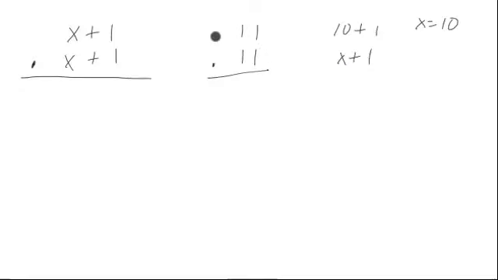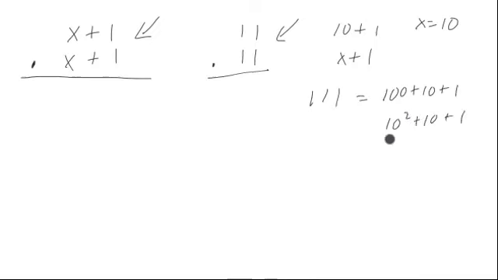And really the same algorithm that we can use at this point works over here just fine in multiplying. In fact, if we had 111, imagine what would happen. This is actually equal to 100 plus 10 plus 1, which is like 10 squared plus 10 plus 1, which is like x squared plus x plus 1. There are polynomials lurking all over the place here, even with regular ordinary place value.